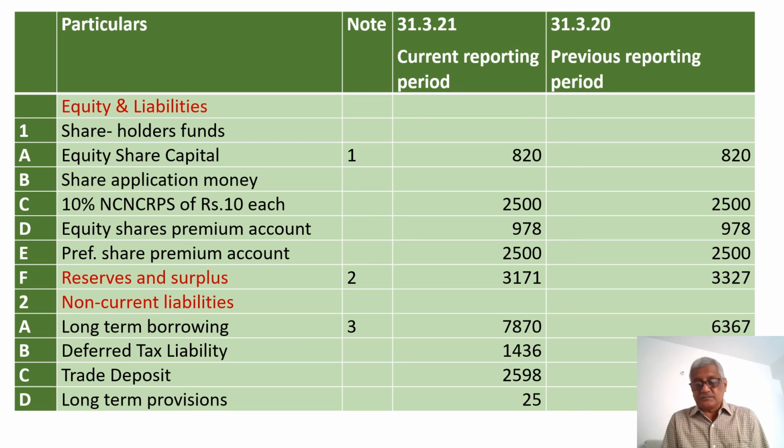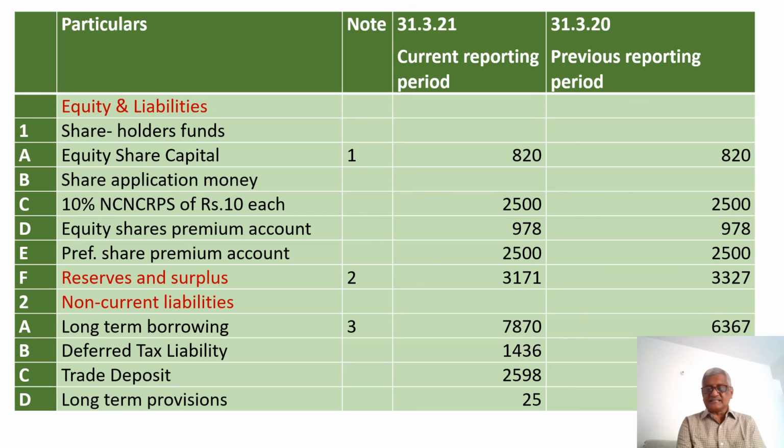Now we have understood this much so far. First one is the equities and liabilities. Under equities and liabilities, the first one is the shareholders fund. Second one is the non-current liability. And third one is the current liability. Now look at the shareholders fund. We have understood it is divided into equity share capital or preference capital, share application money, share warrants, and reserves and surplus. Then long-term borrowings.